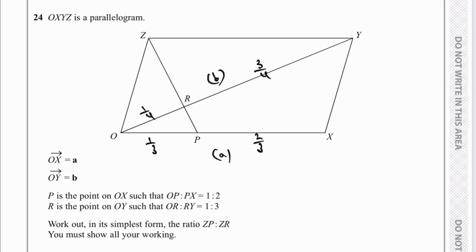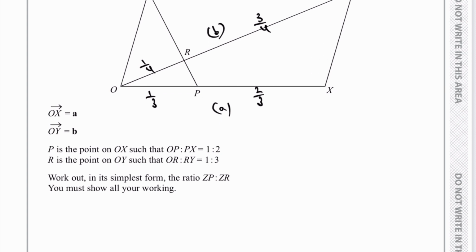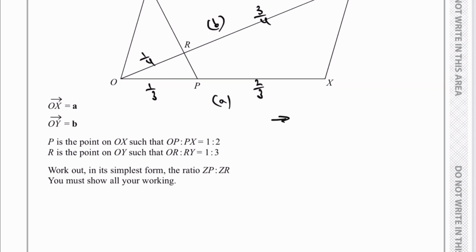So now we've got enough information to be able to start looking at the different kind of bits of vectors that we need for this. The first thing I'm going to do is work out vector XY, because I think that might be quite helpful to me. So let's just move this up. Now vector XY is going to be equal to, and what I always suggest with these is that you write the pathway that you're looking at.